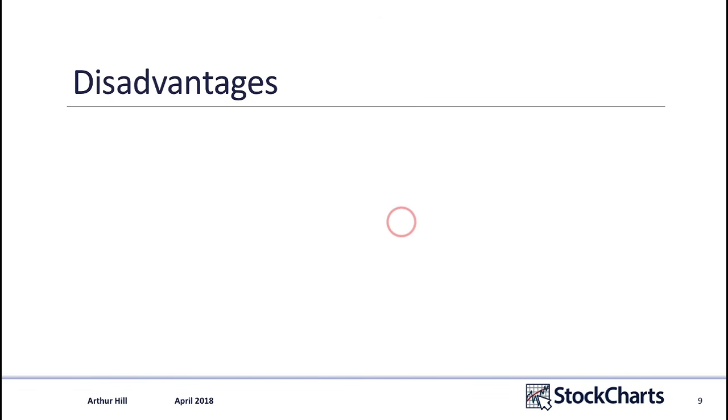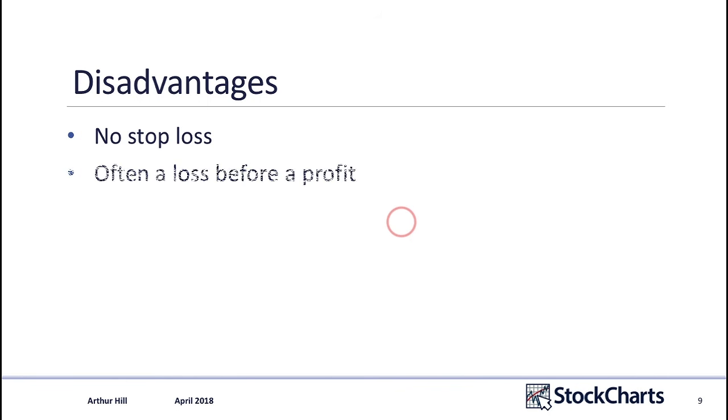Now, of course, there are disadvantages to a mean reversion system. Every system has its advantages and disadvantages. One of the disadvantages is there's really no stop loss. All right, you don't put a stop underneath your trade and exit if it becomes a loss. And what this means is often you have a loss before you have a profit.